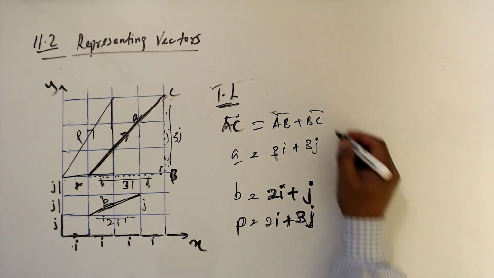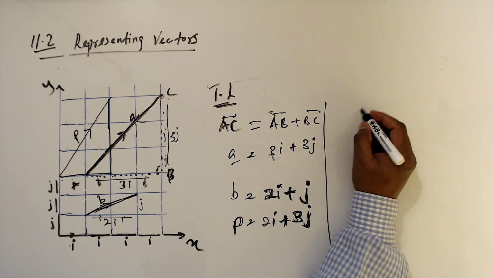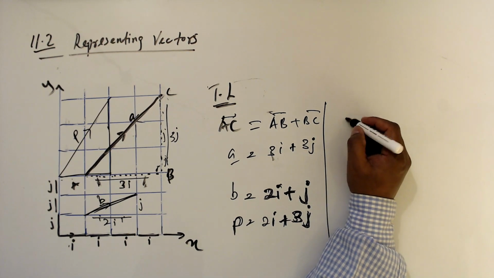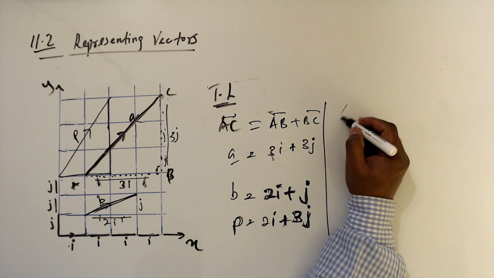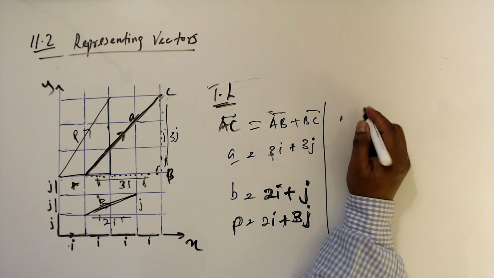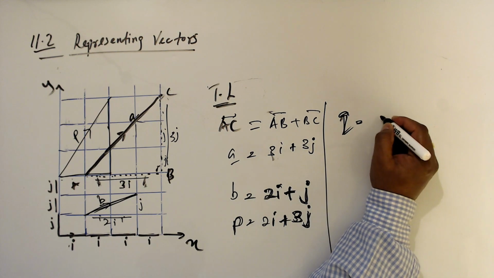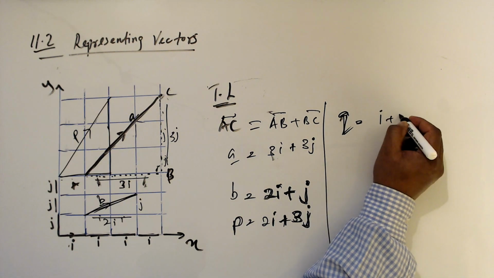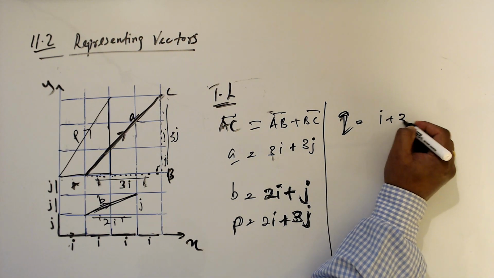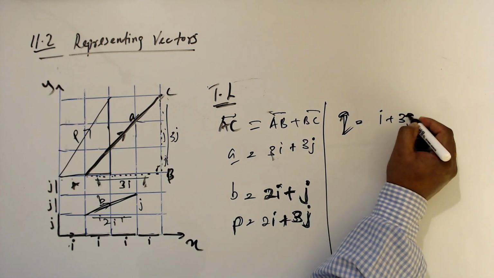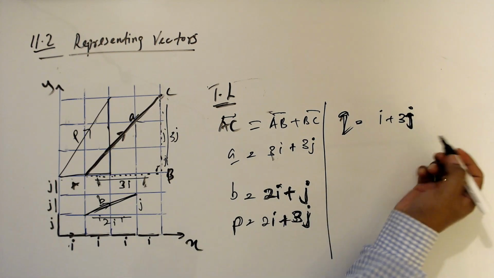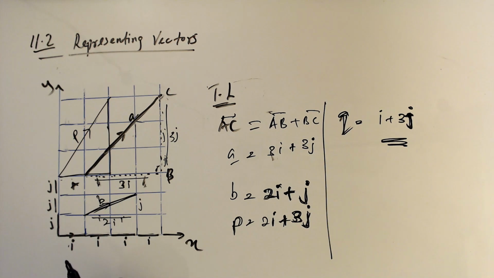My next question is, I'll ask you to draw another vector, let's say the Q vector, which is i plus 3j. So how do you draw this one?